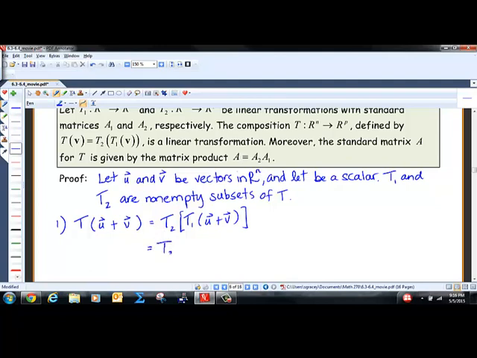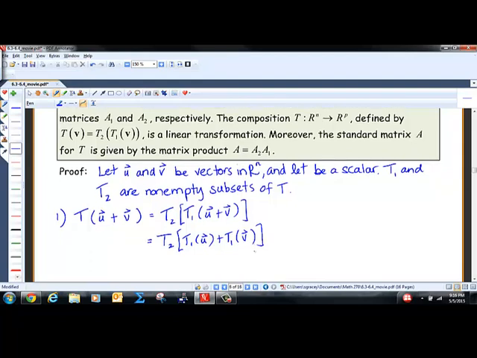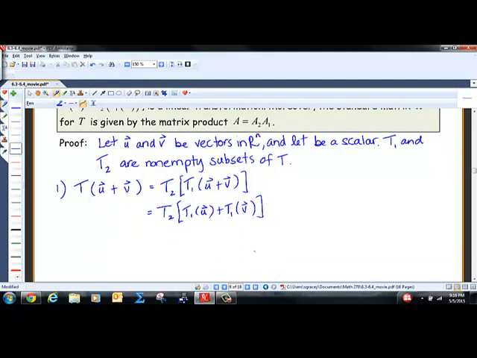So this is going to be equivalent to T2 evaluated at T1 at u plus T1 at v. Now, what will we get with this one?